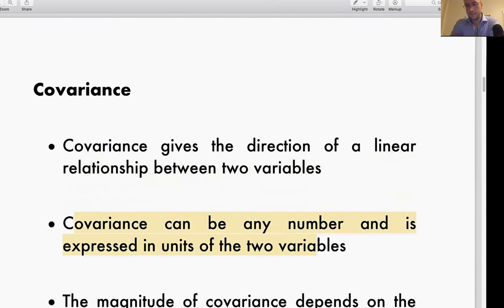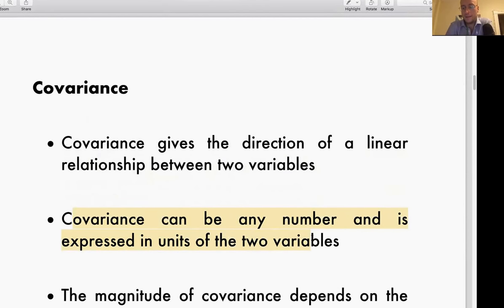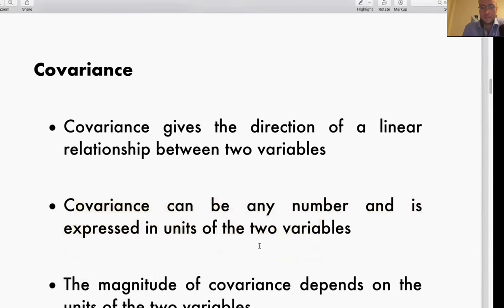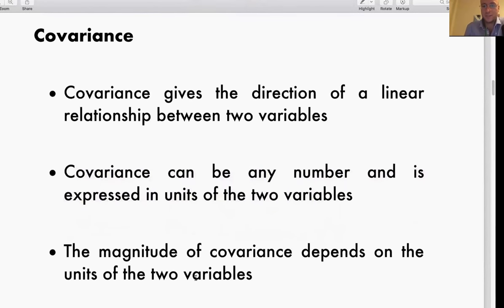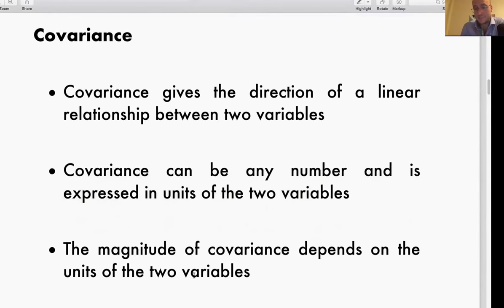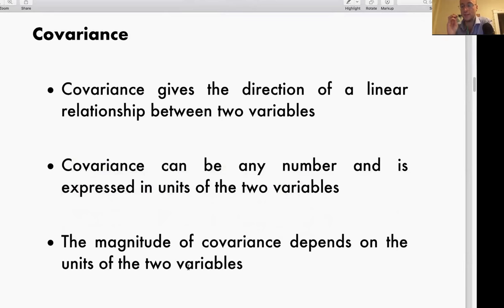Covariance is in whatever units are applied in the data sets. So covariance is, by definition, less reductive than correlation. To put it differently, the magnitude of covariance depends on the units of the two variables. And I say it's less reductive precisely because it does not abstract the units of the variables being used.